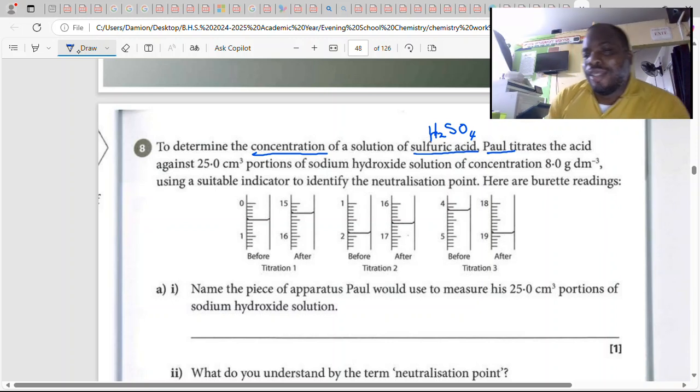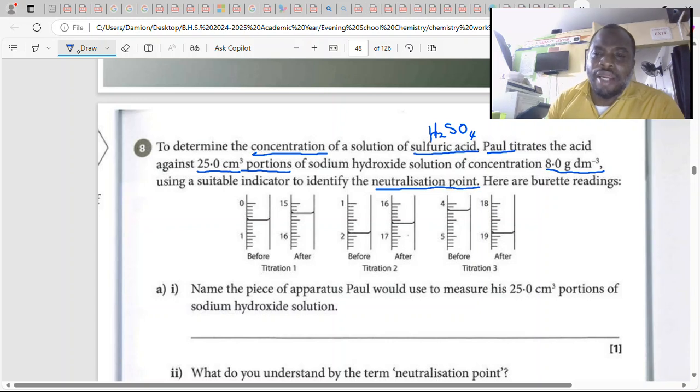So Paul titrates the acid against a 25 centimeter cube portion of a sodium hydroxide solution of concentration 8.0 grams per dm cube, using a suitable indicator to identify the neutralization point.